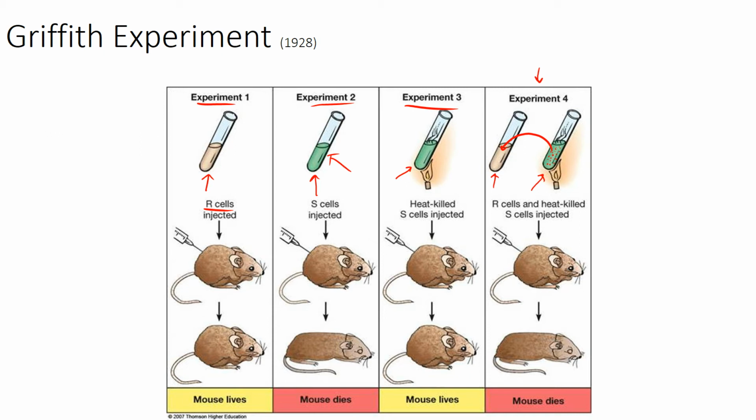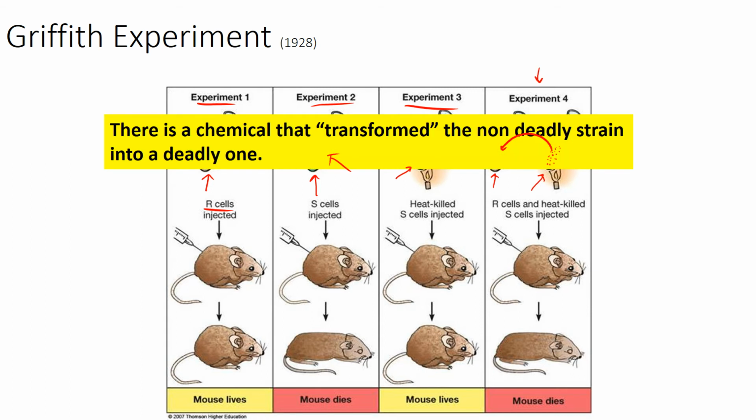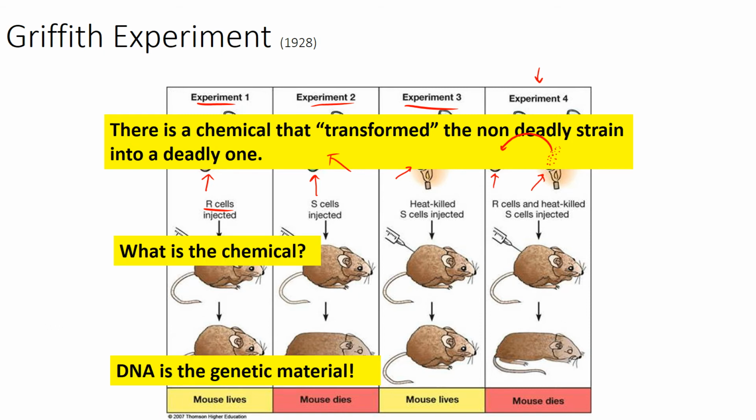Okay, so make sure you have a little bit about this experiment written down here. Here's a takeaway: there's a chemical that transformed the non-deadly strain into a deadly one, and that is DNA. They didn't know it was DNA yet, but we know now that it is DNA.